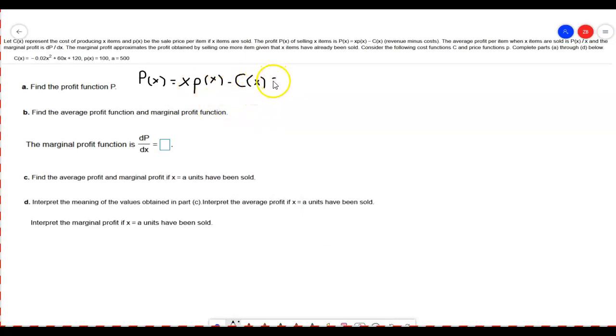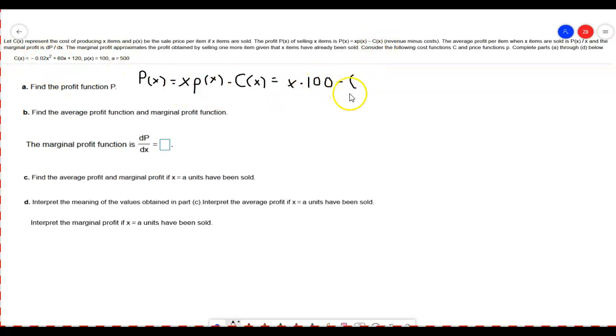So what is this equal to? Well, we keep the X. What is our price here? Our sale price is 100, so that's going to be times 100, and then we're going to do minus, because that's in our formula there, and then our cost function here, which is defined right there.